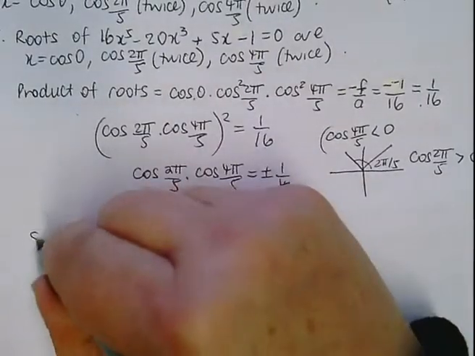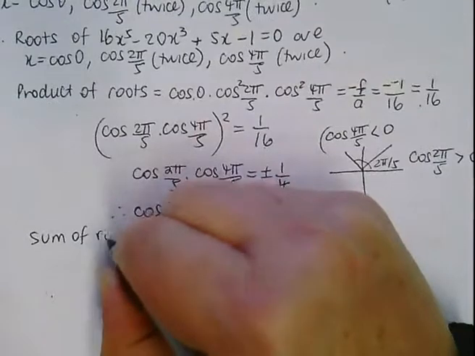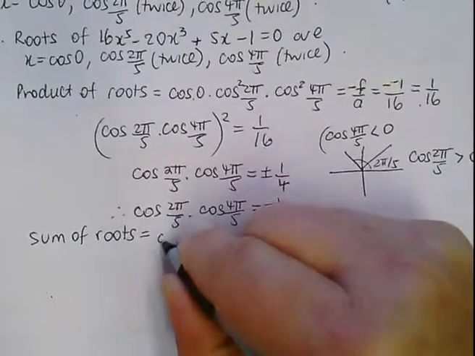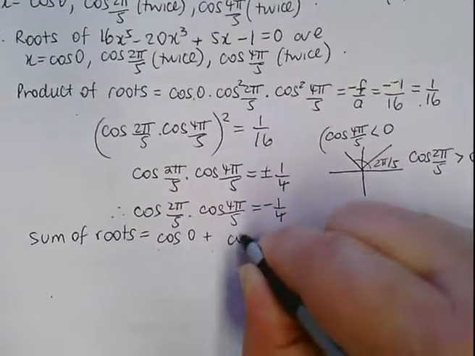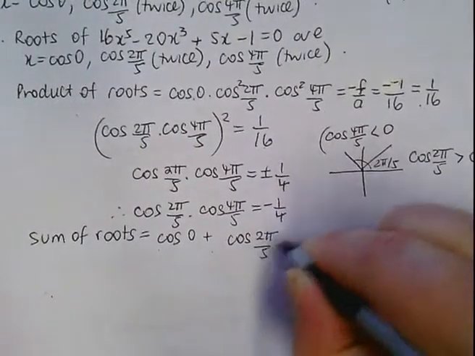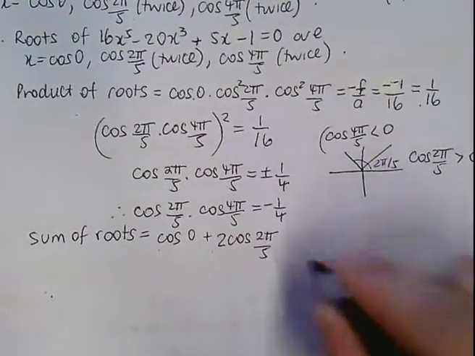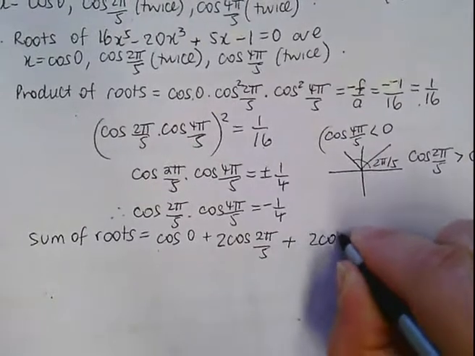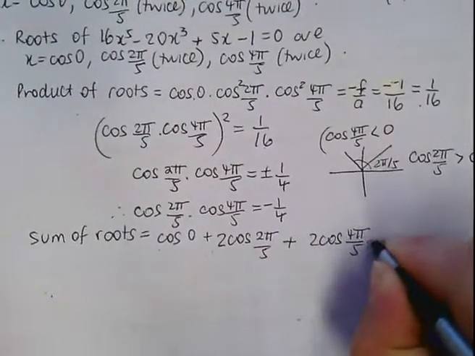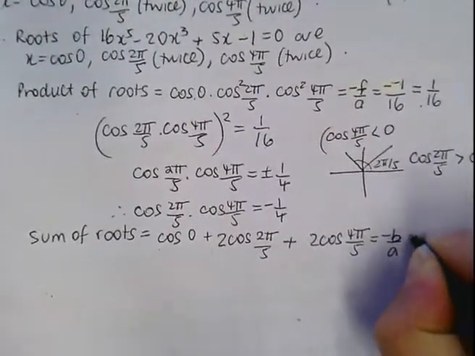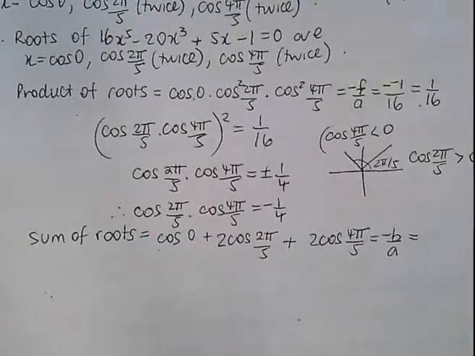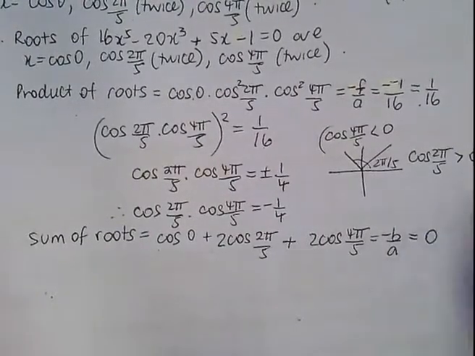Now let's look at the sum of roots one at a time. That's equal to cos 0 plus cos of 2π on 5, or two of those, 2 cos 2π on 5, plus 2 cos 4π on 5. That equals negative b on a. Now b is 0, so it's 0.